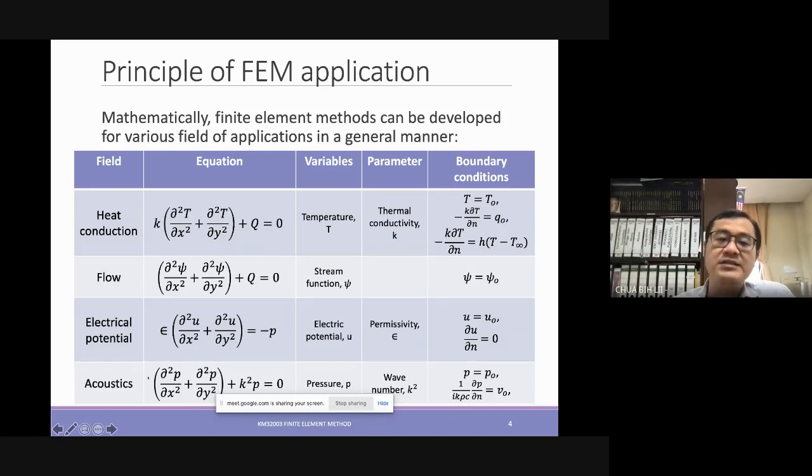We can even expand our FEM application to acoustics. Again, similar differential equations, plus this part is the input of the acoustic to your system, which mainly depends on the wave number and the pressure. That would create the changes to your acoustic system.